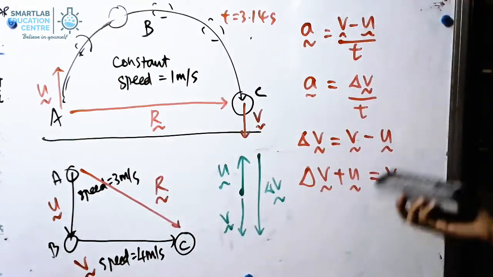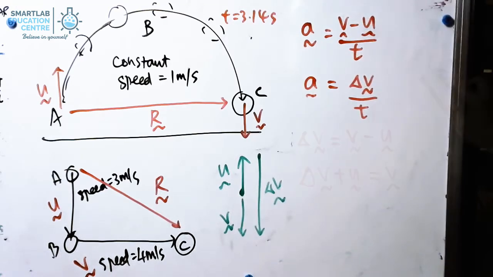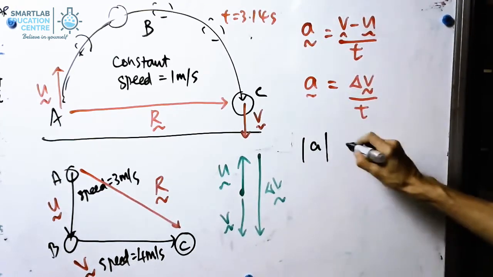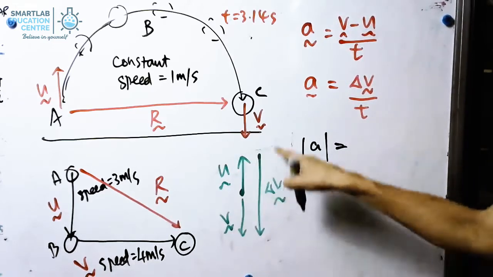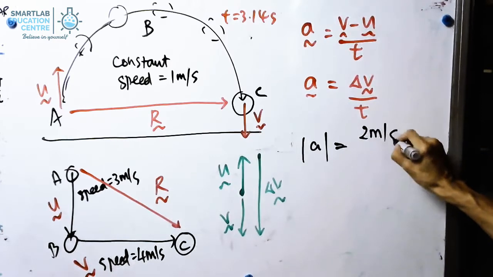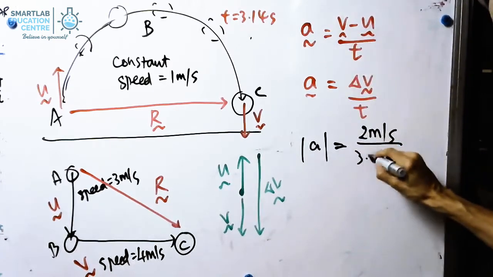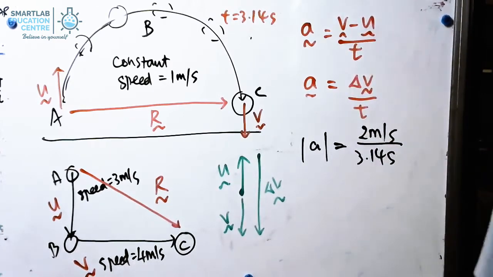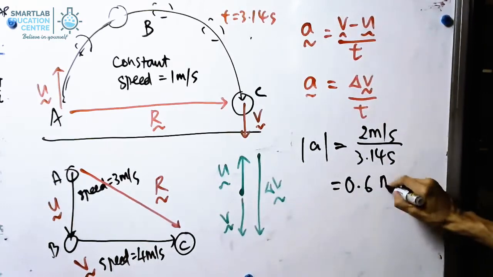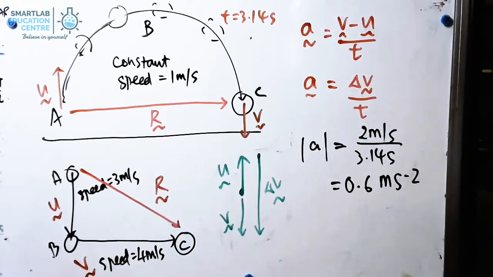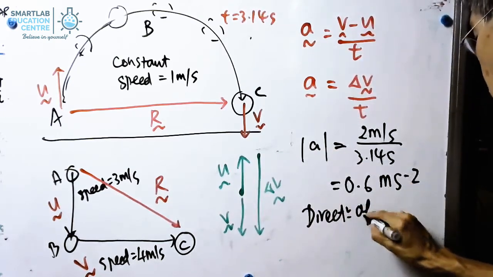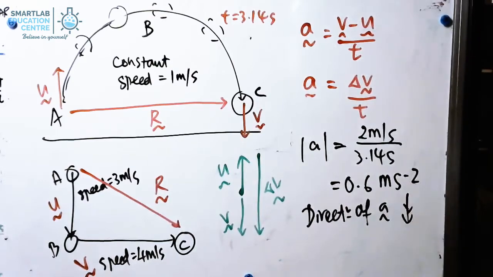If you want to work out the magnitude of the acceleration, the change in v itself in terms of magnitude will be 2 meters per second, and the time will be 3.14 seconds. And with that, you will get about 0.6 meters per second squared. And obviously the direction of the acceleration is in this direction, downwards.